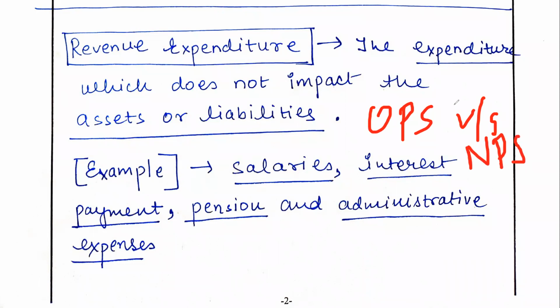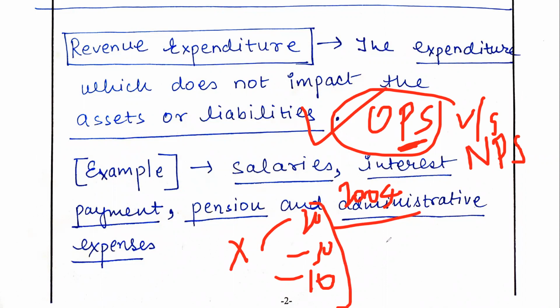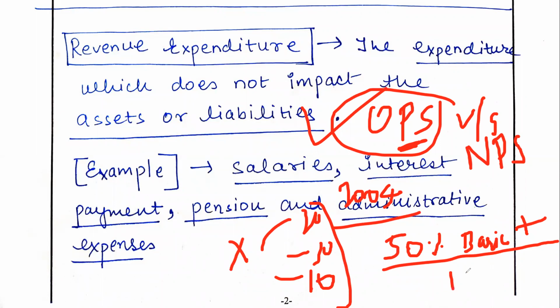So before 2004, there was an old pension scheme. Basically, if a government servant worked for X number of years, which used to vary from 20 to 30, and in some departments even 10, he used to get a pension that was 50% of his last drawn basic pay, plus dearness allowance.